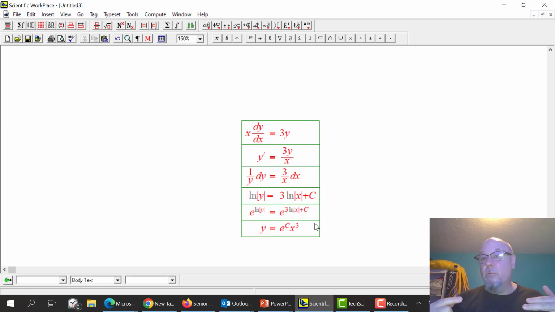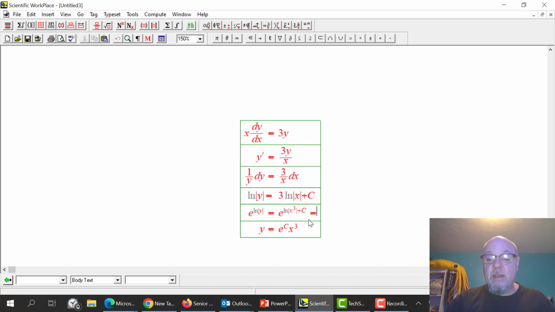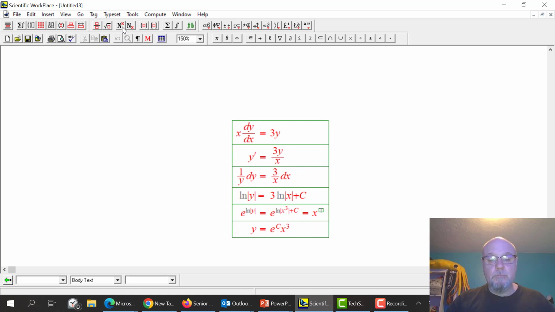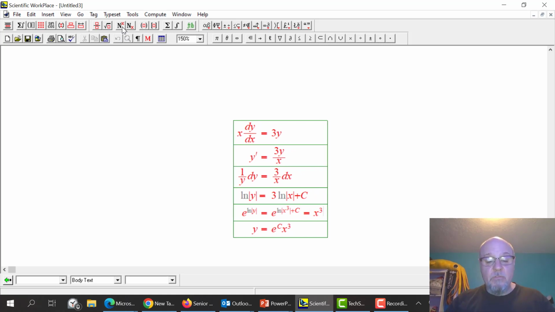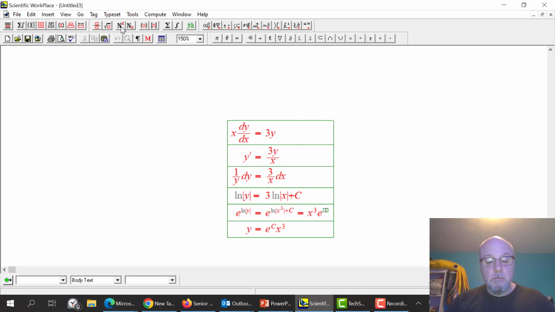To get rid of the lns, I put e to the left side, e to the right side. This 3 I'm going to bring in as an exponent. And then I can think of this whole side as e to the ln x cubed, which is just x cubed, times e to the c.